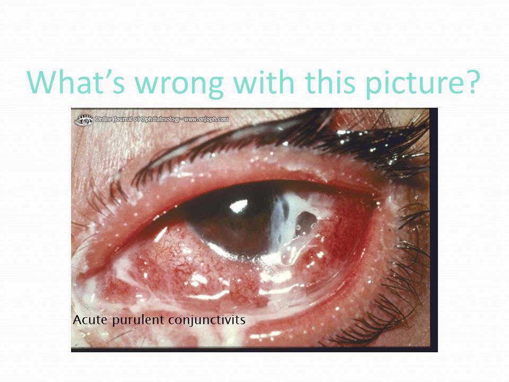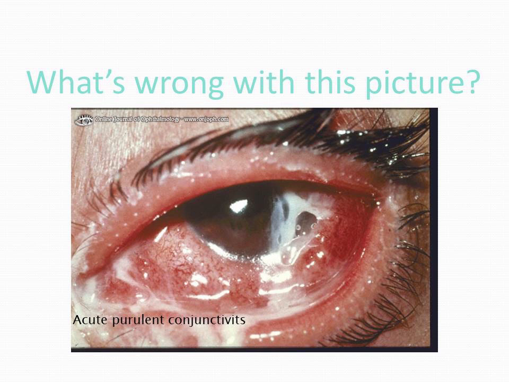Now, this is the second condition, acute purulent conjunctivitis. We can see here it is a more severe condition as compared to the previous one. There is a copious purulent discharge present at the cul-de-sac, and discharge may be running out of the eye.